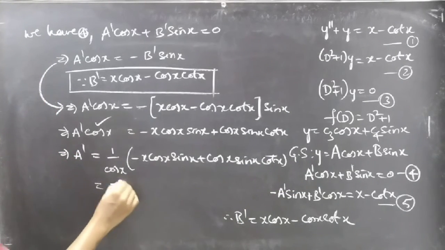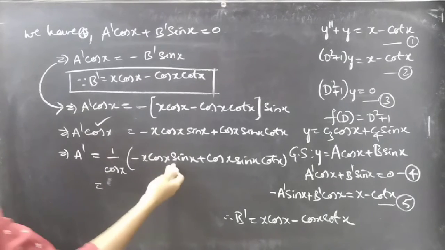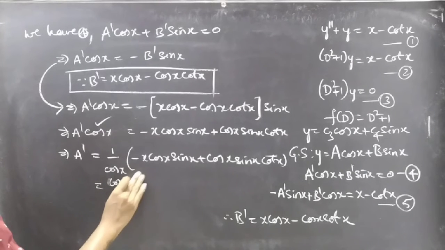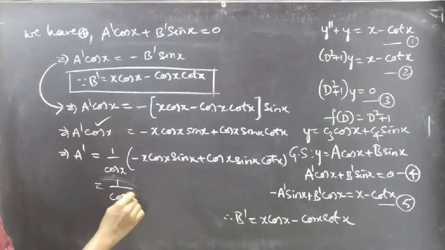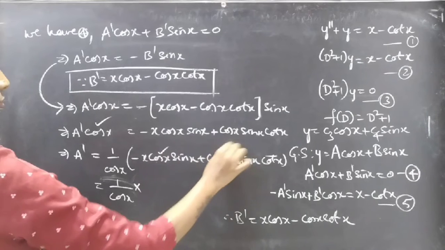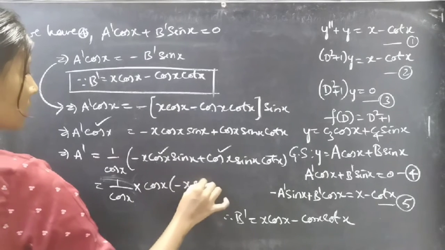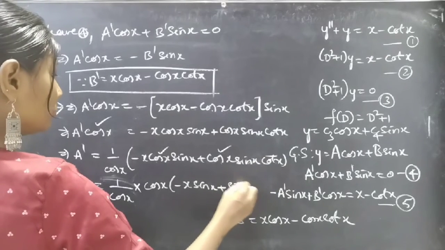Which equals 1 by cos x into, we'll take cos x common from these two terms, so that we'll get cos x into minus x sin x plus sin x cot x.